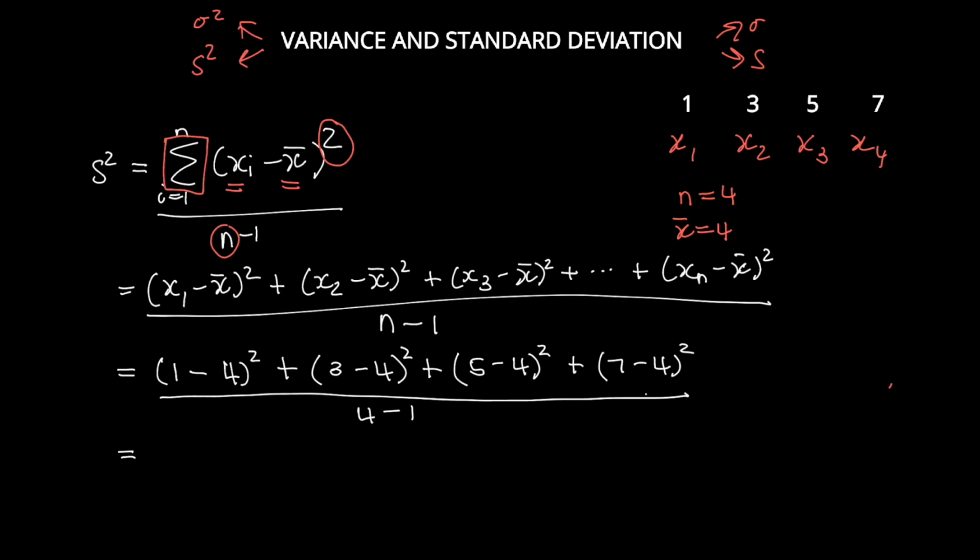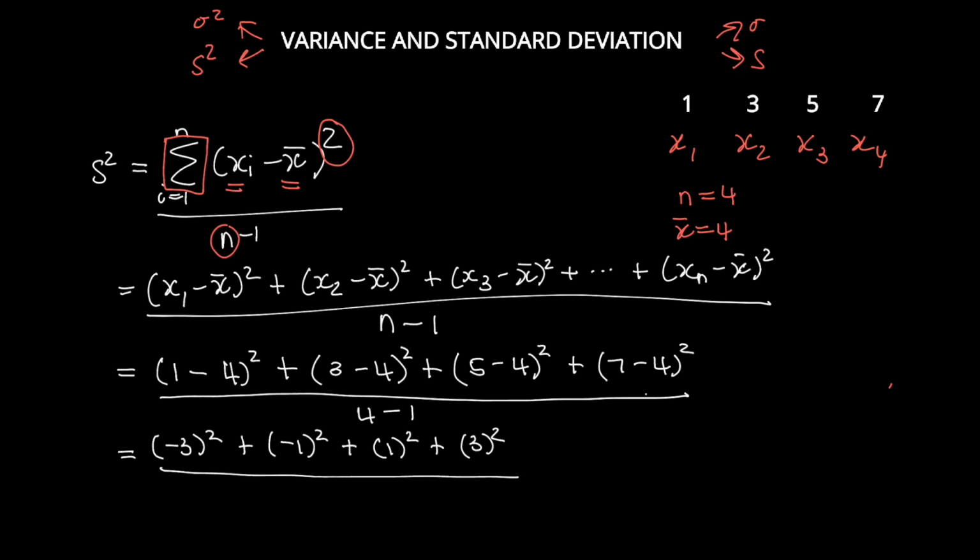So this would give us minus 3 squared plus minus 1 squared plus 1 squared plus 3 squared, and 4 minus 1 at the bottom is 3.